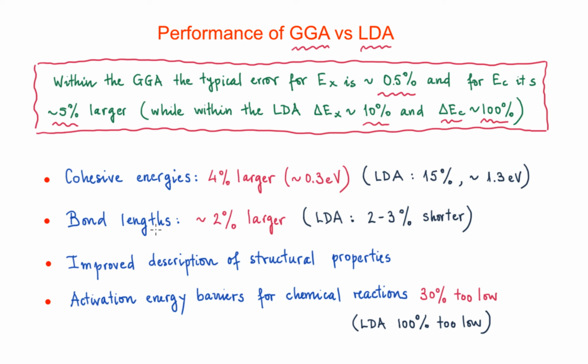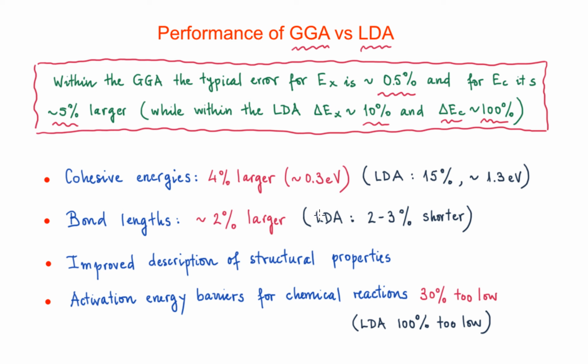What about the bond lengths, the unit cells, in order to analyze the geometry of the molecules and the solids? Here, the bond lengths you are getting within the GGA are around 2% larger, while within the LDA they were 2-3% shorter. We have to remember that within the LDA we had this overbinding, while here we have just the opposite. The bonds are getting larger, while within the LDA they were shorter.